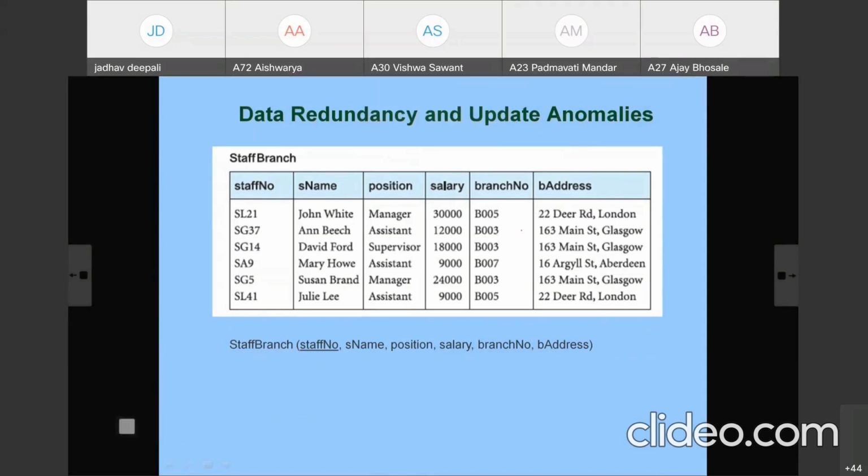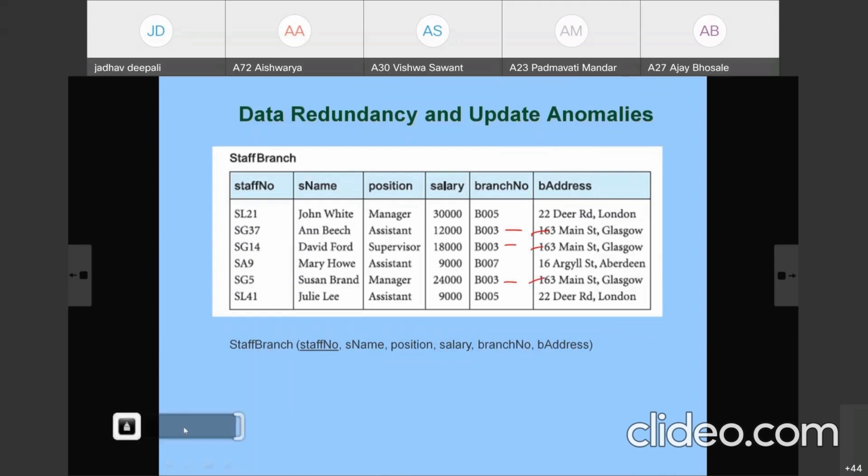Okay, 1, 2 and 3, and that's why the address of that branch is stored 3 times. If that branch has 100 employees associated with it, then 100 times we need to write the branch address. That is the major redundancy in this particular relation or in this particular example.